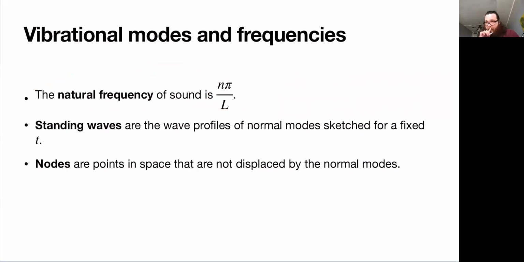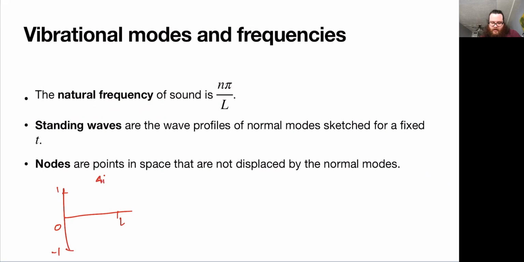What we usually like to do with these normal modes, especially working with these natural frequencies, is sketch what's happening to these profiles. These sketches look like the following. So this is 0, L, maybe this is 1 and -1.